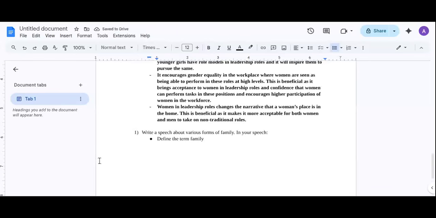Write a speech about various forms of the family. In your speech, define the term family. Explain the difference between adoption and fostering.